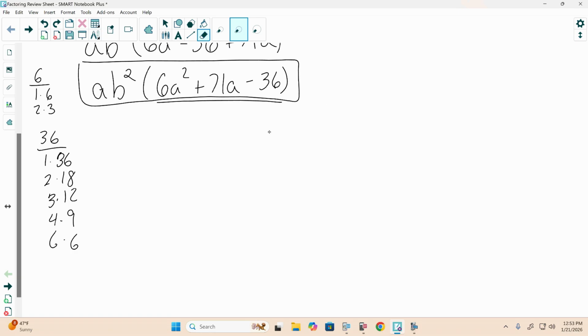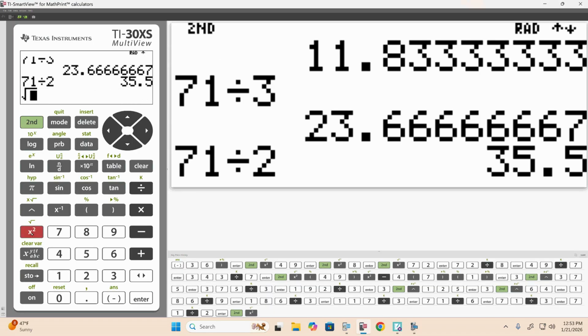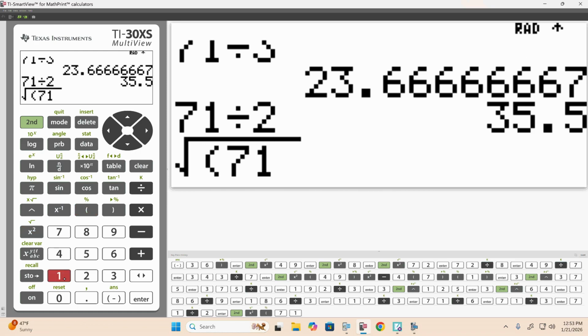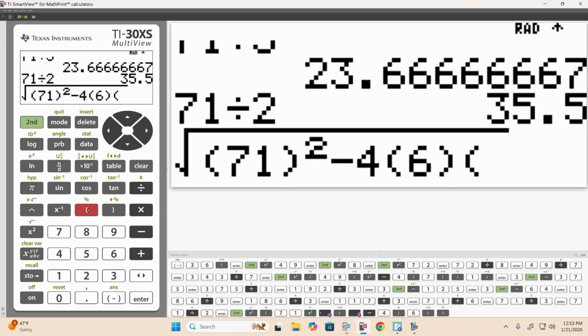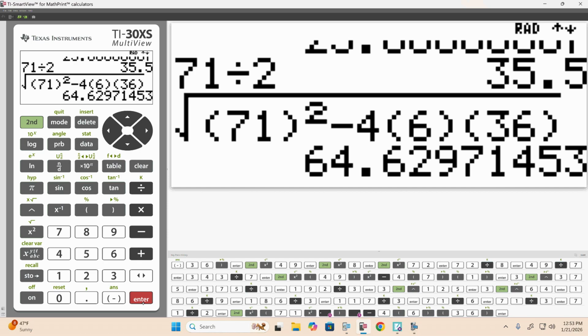Erase that. Another way to check is our b squared minus 4ac to see if it is factorable, because it's telling us the type of solutions or part of the solution we'll have. Because here we'd have the square root of 71 squared minus 4 times 6 times 36.